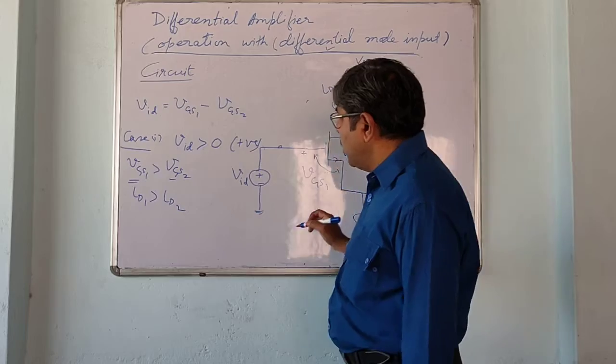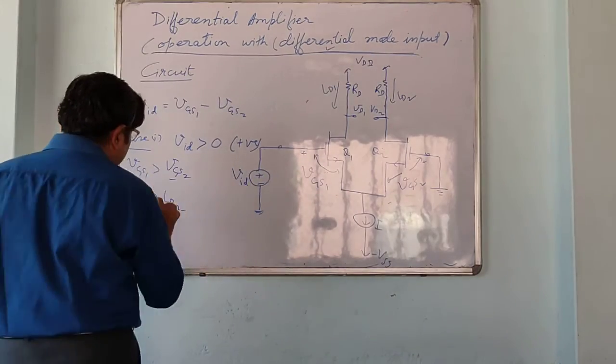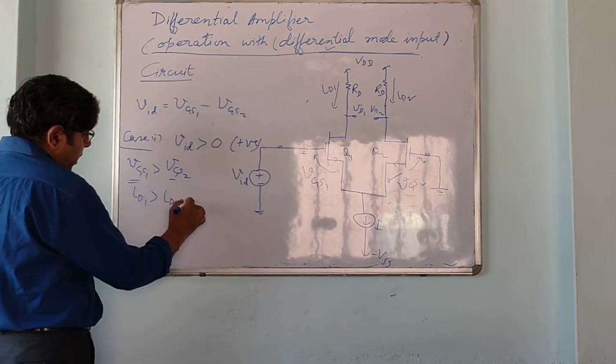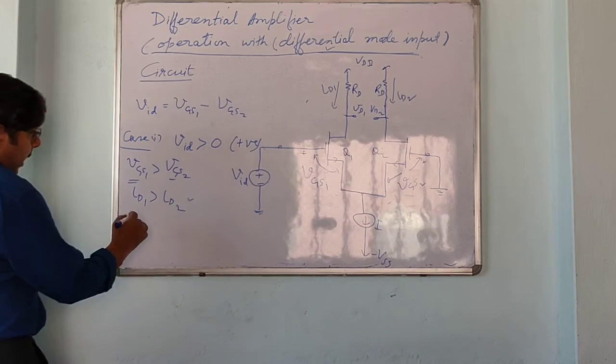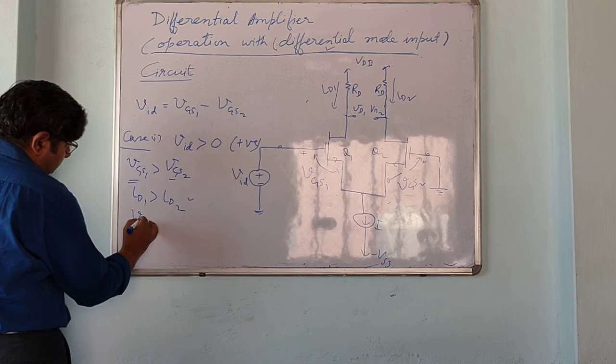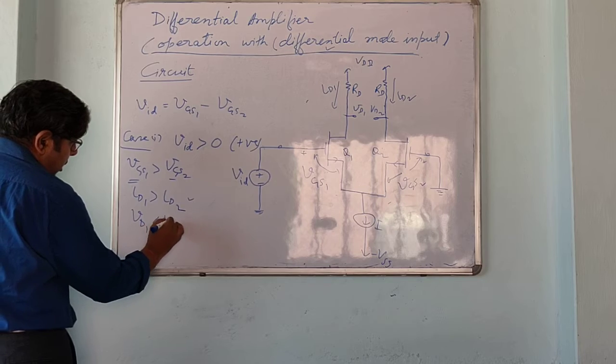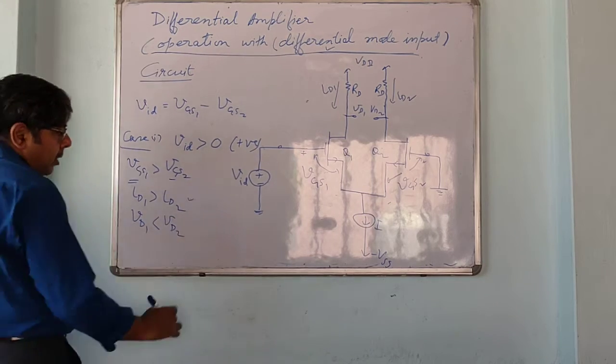Since VGS1 is greater than VGS2, therefore ID1 is greater than ID2, and VD1 is less than VD2. Why?